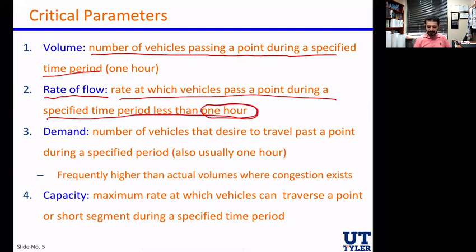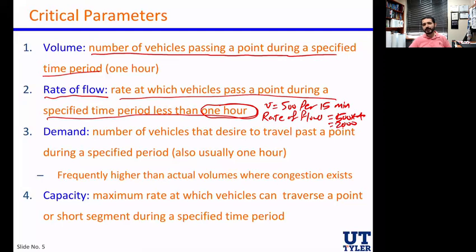For example, if I have a certain number of observations in 15 minutes, so let's say small v was equal to 500 vehicles per 15 minutes, then the rate of flow will be equal to 500 times 4, and that is 2,000 vehicles per hour.